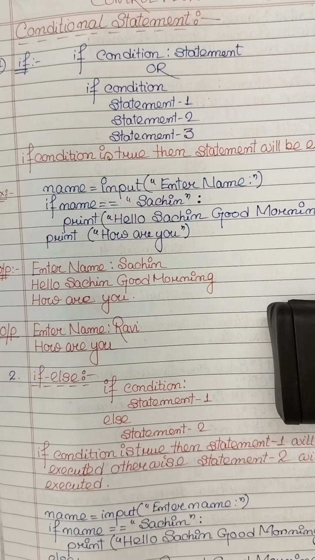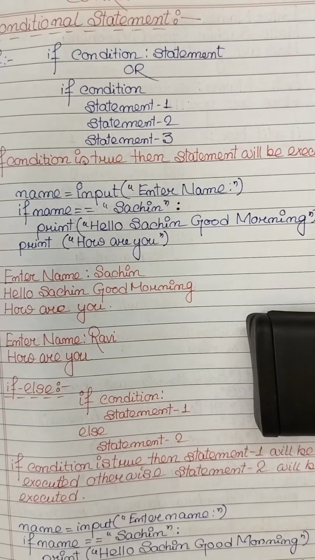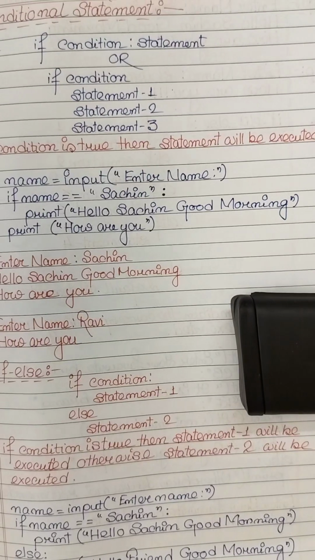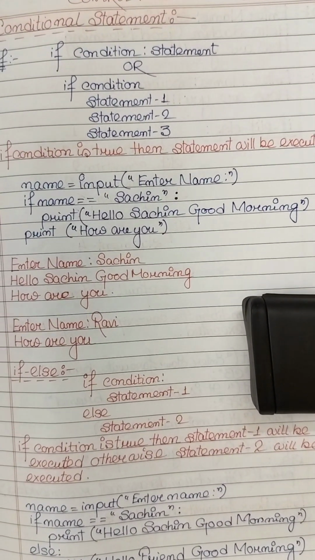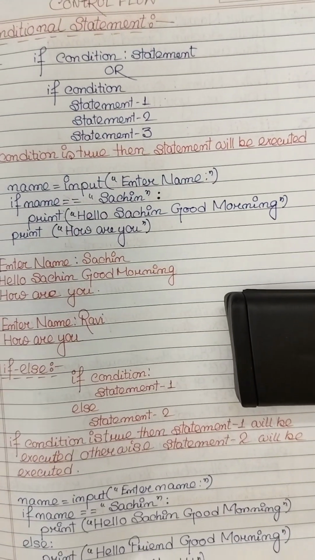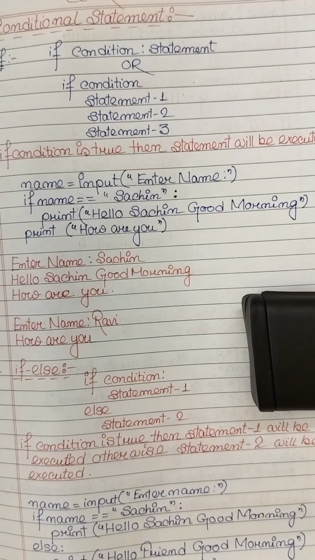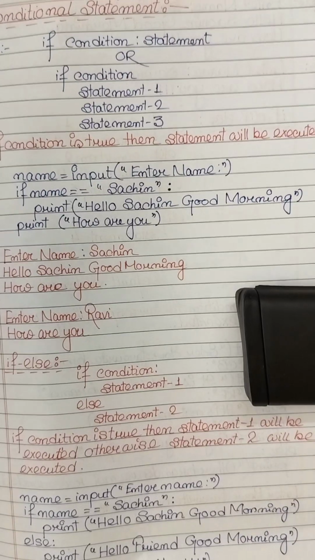Let's take an example: name is equal to input, enter name. If name is equal to Sachin, print hello Sachin, good morning.